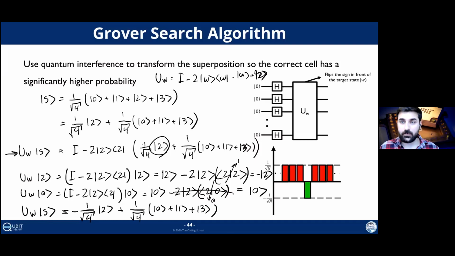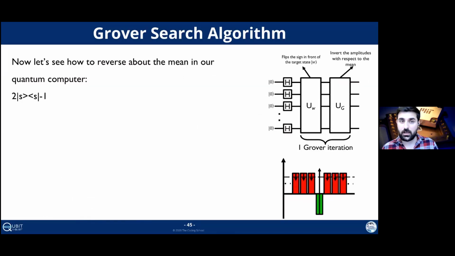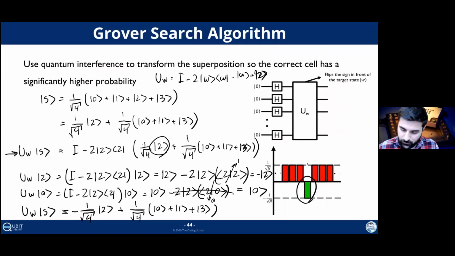The mathematical construction that I gave you for this operator does exactly what we want it to do. Namely, it flips the amplitude of the correct answer to a negative value, and it doesn't change anything else. This amplitude got flipped from 1 divided by square root of n to minus 1 divided by square root of n, and nothing else is changing.